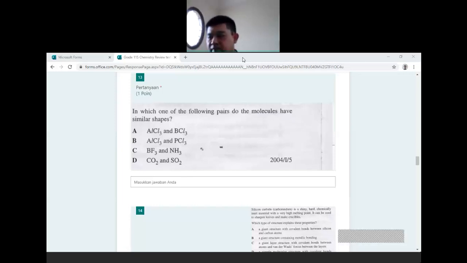What is the bond angle of a molecule with 2 bond pairs and 1 lone pair?